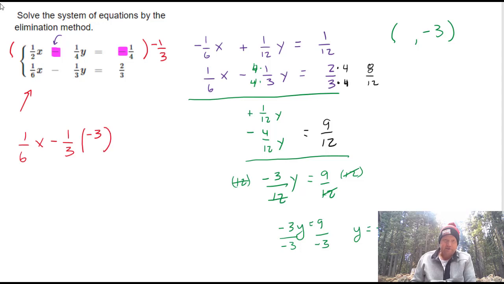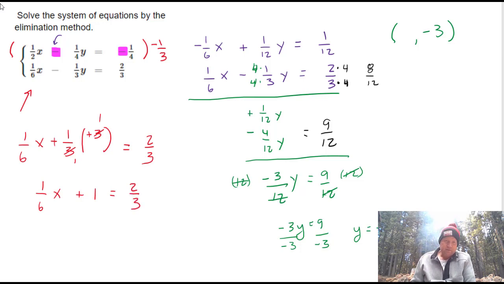So I see that my fractions are going to go away. 3, 3, those turn into 1s, and the negative times the negative is a positive, so that just becomes plus 1 equals, and I just got 2/3 over there on the bottom. So if I take a look at this, I got 1/6 x plus 1 equals 2/3.